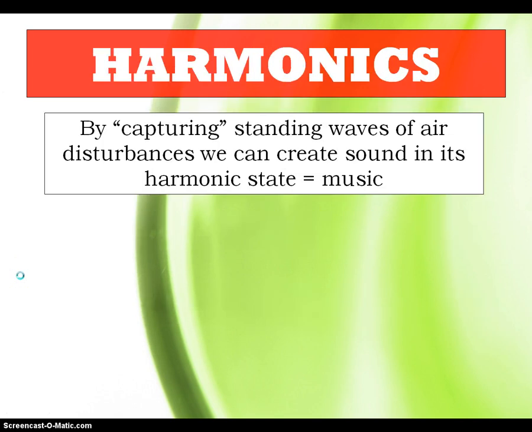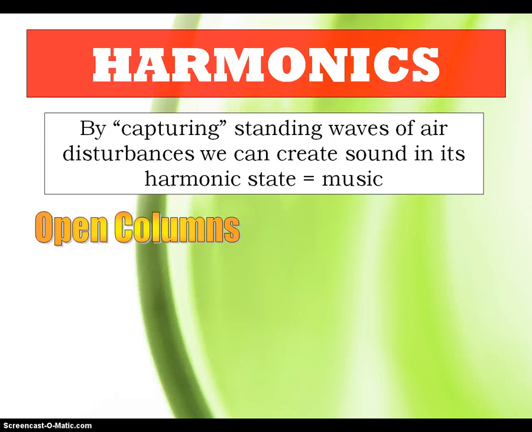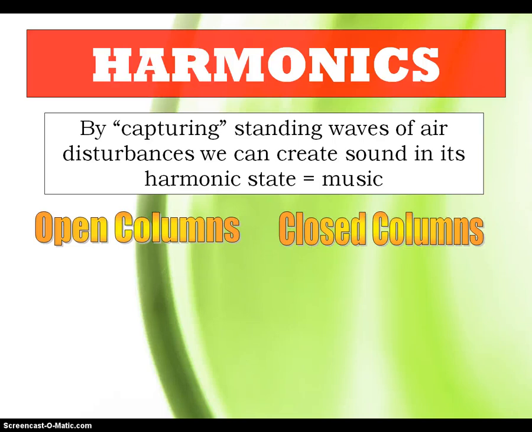Like I said, how an instrument works is by capturing a standing wave. This is called a harmonic, and it rings out a louder note or resonates out a note. This is done in two different ways, most commonly with instruments: with air columns and with strings.